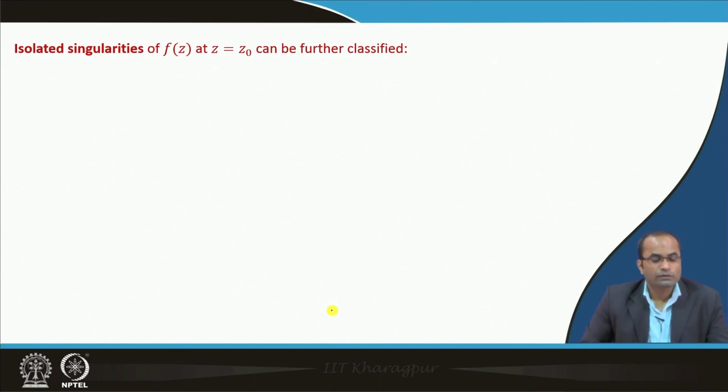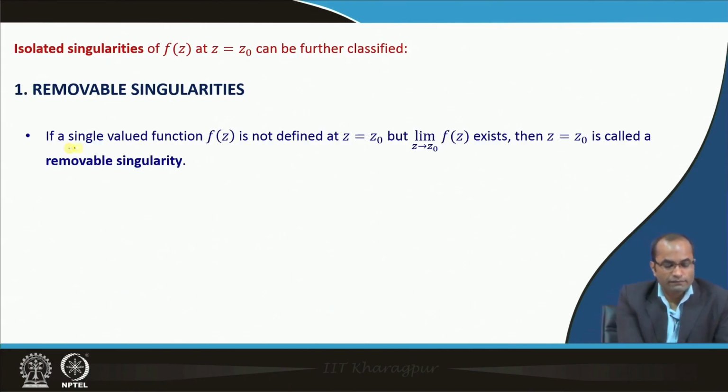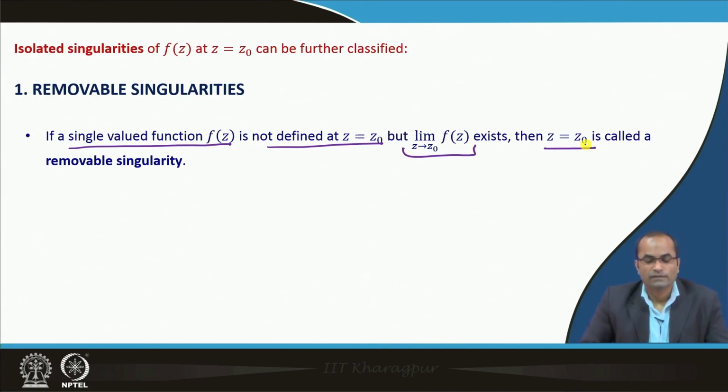These isolated singularities of f(z) at z equal to z 0 can be further classified based on the following description. The first is called removable singularity. So, what is removable singularity? If a single valued function f(z) is not defined at z equal to z naught, however the limit as z goes to z naught of f(z) exists, then this point is called a removable singular point, or a removable singularity.